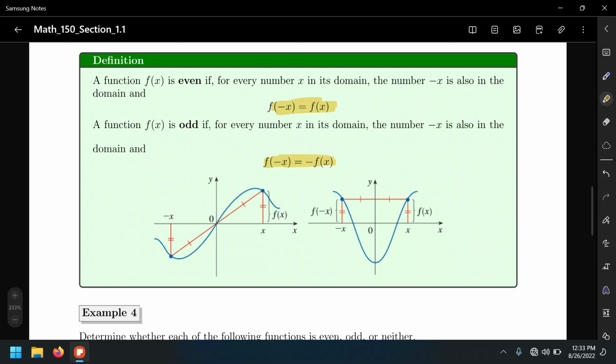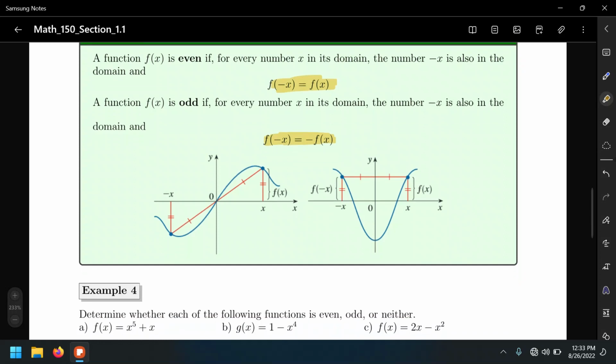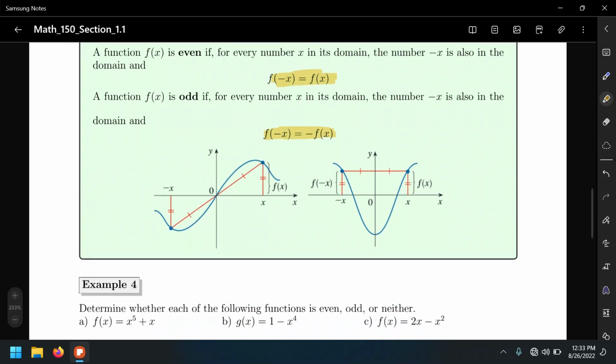And I believe we discussed how even functions are symmetric about the y-axis, and an odd function is symmetric about the origin. So for the symmetry about the origin, think of rotating the graph 360 degrees, and if you obtain again the original graph, then there you go, that's an odd function.